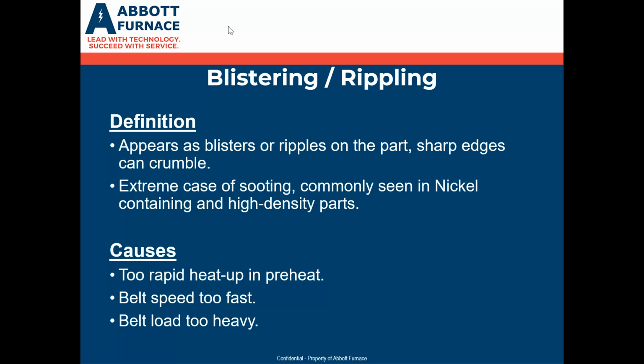It'll pop its way out of the part, and it'll rupture the surface of the particles as that gas escapes. Again, it's maybe preheat settings where you're getting too hot too fast, your belt speed's running too fast, or your load is too heavy to allow the delubing process to take place.